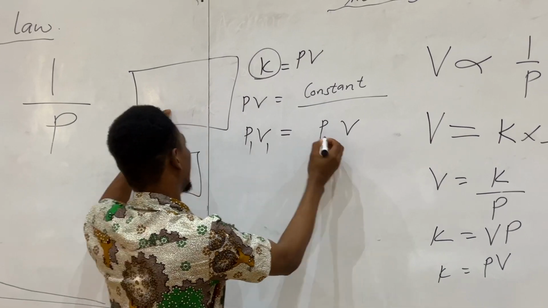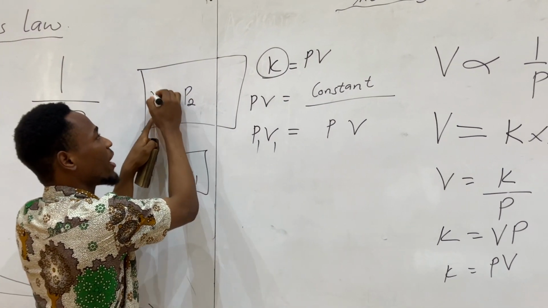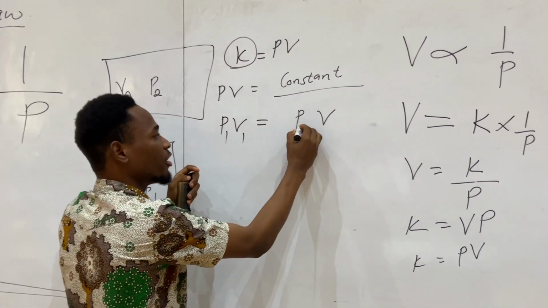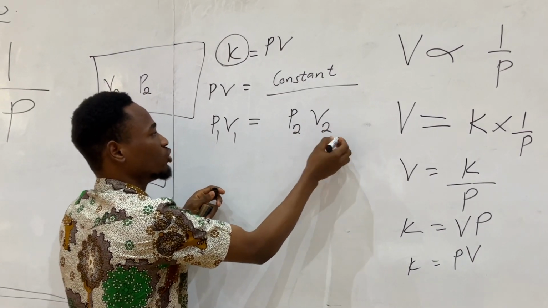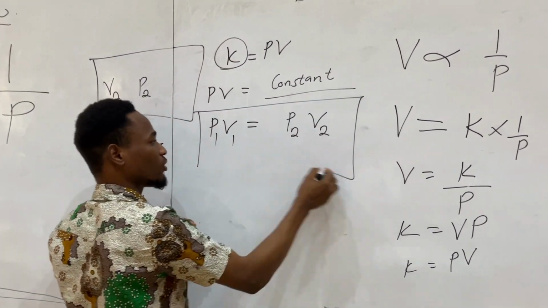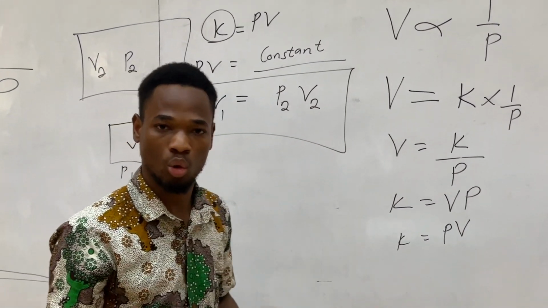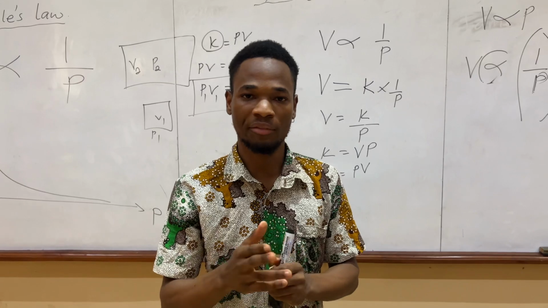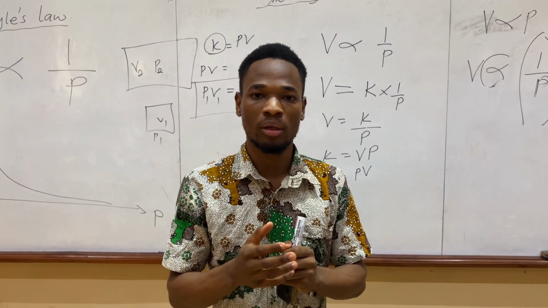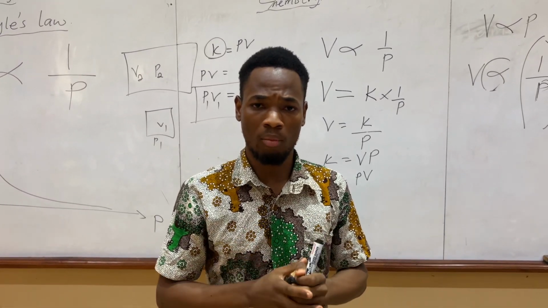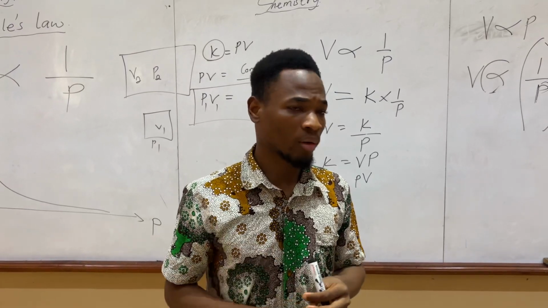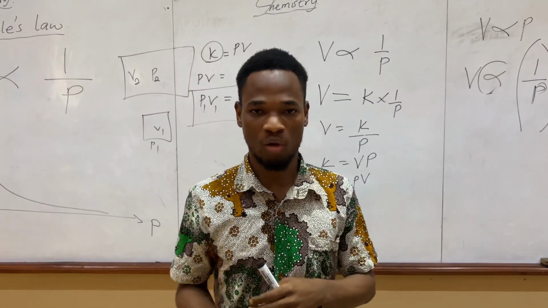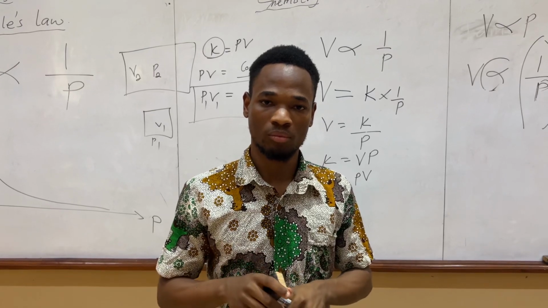So I have here, let's say my pressure here will be pressure 2, and my volume here will be volume 2. So I have P2 and what? And V2. So clearly, this is what we call Boyle's law. P1 V1 equals P2 V2. I don't expect you to chew this formula. Are you okay?